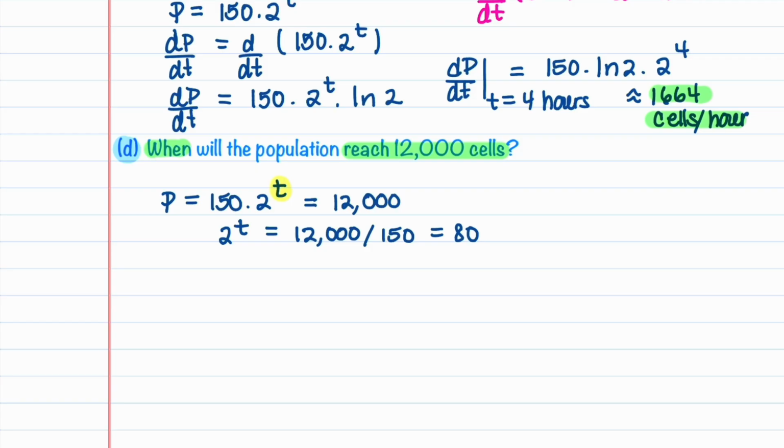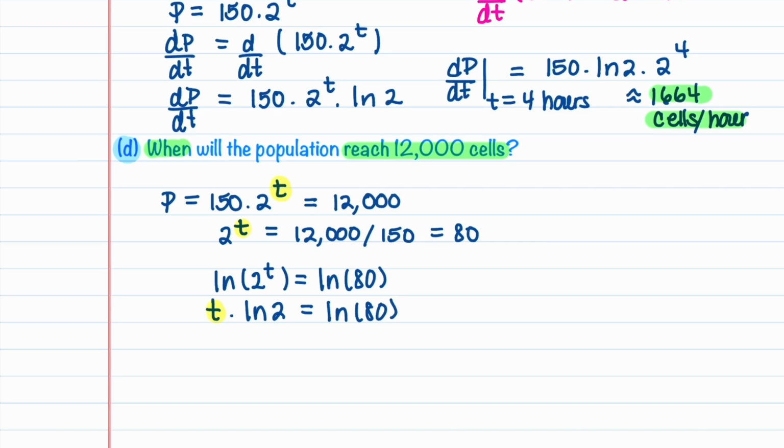Now to find t, we need to get t out of the exponent, so we're going to take the natural log of both sides. So we have natural log of 2 to the t is natural log of 80. We can pull the t out in front, so we have t times natural log of 2, and on the right-hand side, we have natural log of 80.